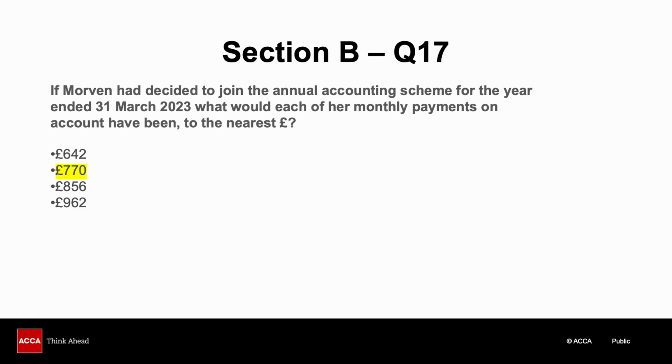Had you gone for option 1 there, £642, the mistake you would have made is dividing the annual amount of 7,700 by 12 months to get a monthly amount.